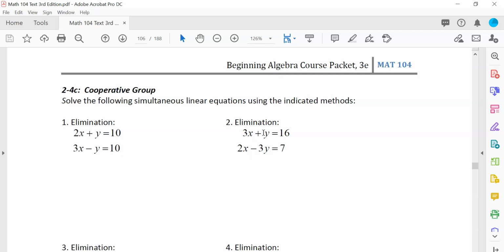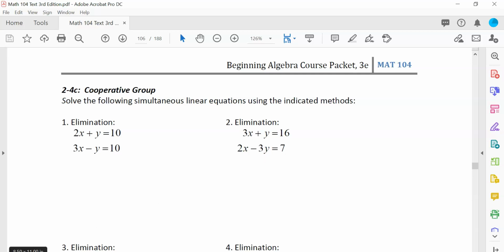And right now, 1y and negative 3y are not opposites either. So if you add these, we would not eliminate either the x's or the y's. So this is one where our system, although they're lined up, doesn't quite have opposites yet.